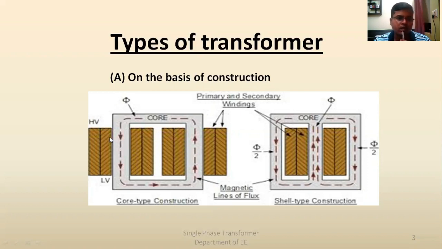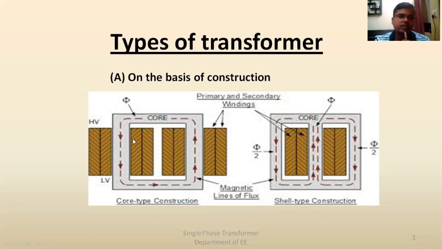Okay, so see here, these two are the low voltage winding which is near to the core. So near to the core we always place low voltage winding first, and over that low voltage winding high voltage winding is done. This is the same for this limb also. So the inner side is low voltage and the upper side is the high voltage winding.